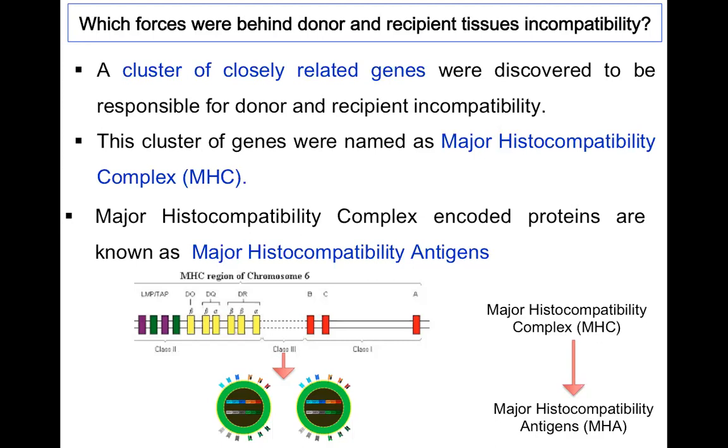This cluster of genes was named the major histocompatibility complex, which we call MHC. The proteins encoded by the major histocompatibility complex are known as major histocompatibility antigens. When this cluster of genes undergoes transcription and translation, it gives us certain proteins which act as antigens.